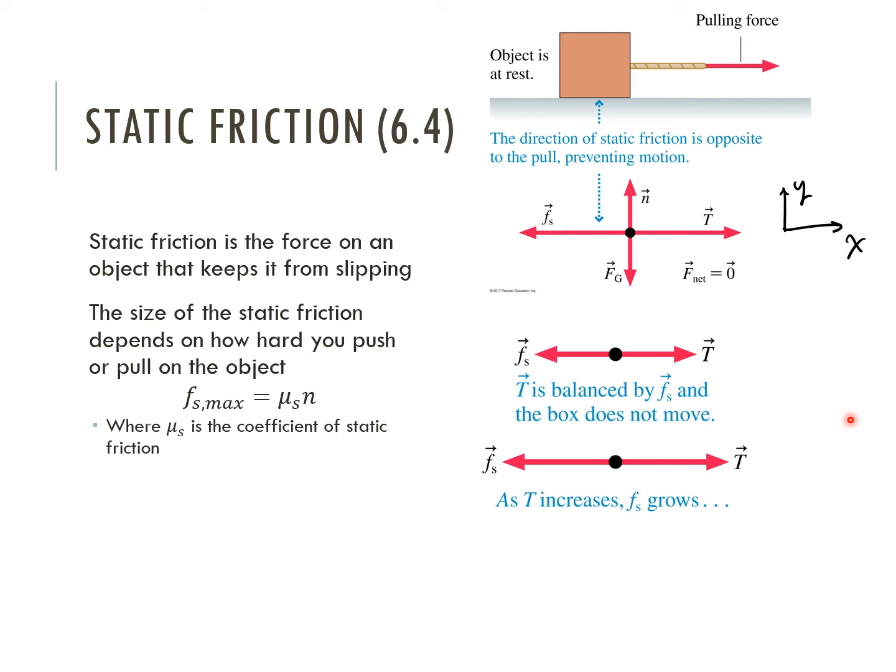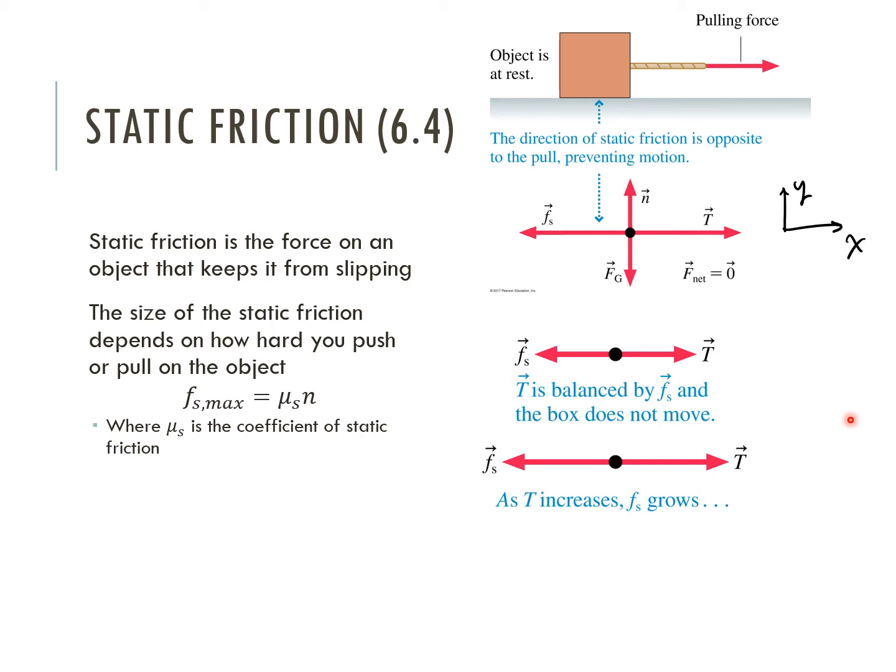Now the thing about our equation here for static friction is we're talking about the maximum value. So as soon as your force, in this case tension, is larger than static friction force maximum, you would start moving. And then you would need to change the type of friction we have because we're no longer stationary with respect to the surface.